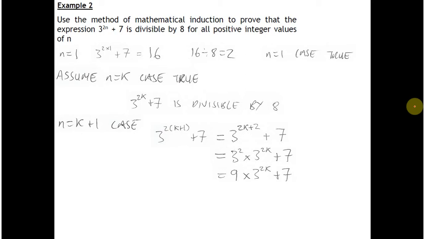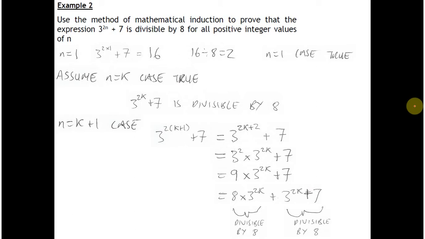Now one lot plus 7 is divisible by 8, so I can split that off into 8 lots of 3^(2k) plus 1 lot of 3^(2k) + 7. Now that first term, 8 times 3^(2k), it's 8 times something, so it is divisible by 8. 3^(2k) + 7, from our induction hypothesis, is divisible by 8.